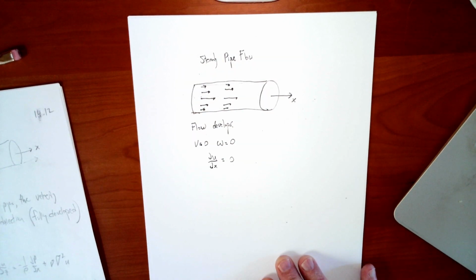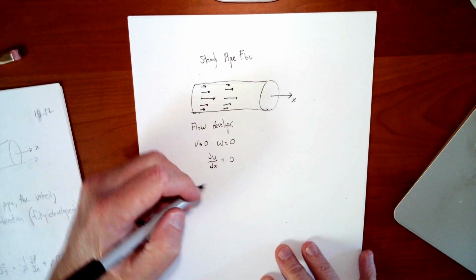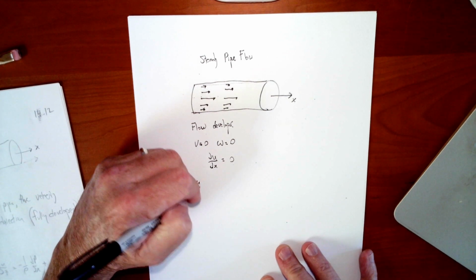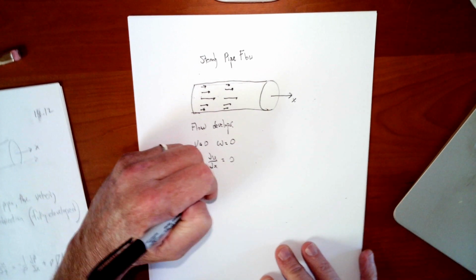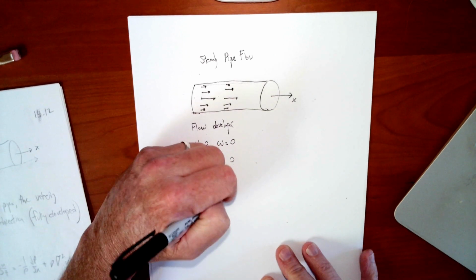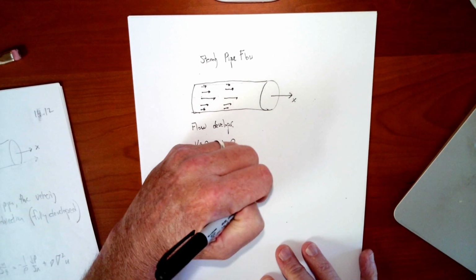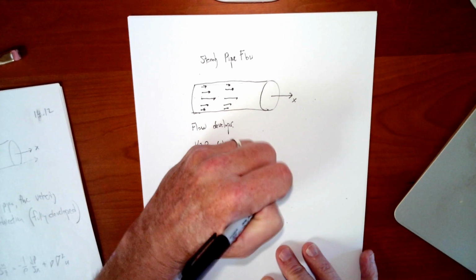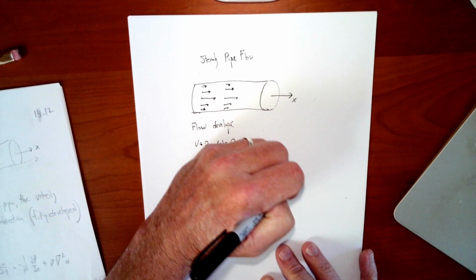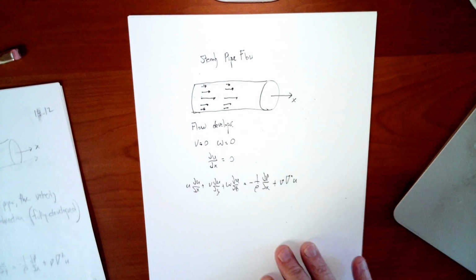So with those simplifications, let's go back and look at our x momentum equation. So we have u du dx plus v du dy plus w du dz equals minus 1 over rho dp dx plus nu del squared u.